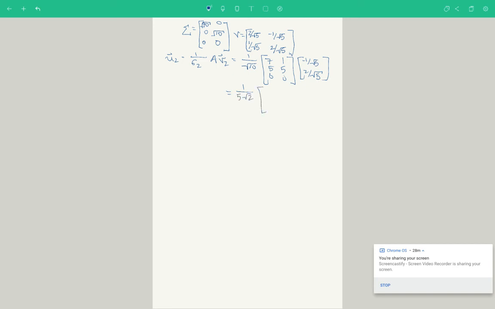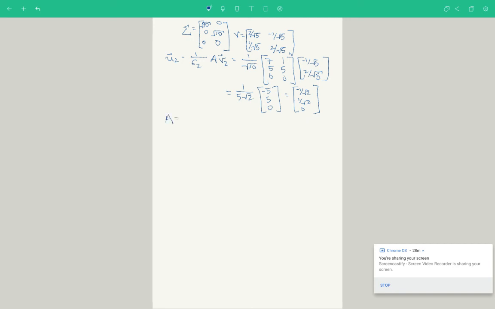And then we multiply that by 7 times negative 1 is negative 7 plus 2 is negative 5. 5 times negative 1 is negative 5 plus 10 is positive 5, 0. So our u2 should be, if we distribute this through, negative 1 over the square root of 2, 1 over the square root of 2, 0. Okay, so we now have all of our pieces.